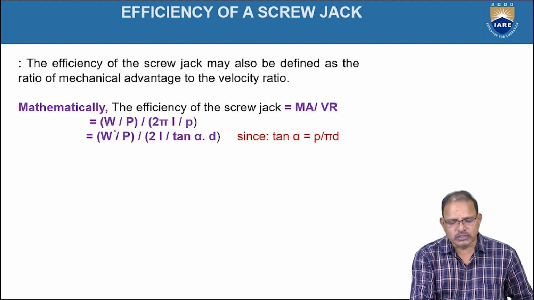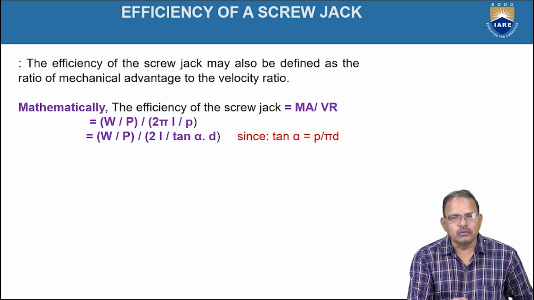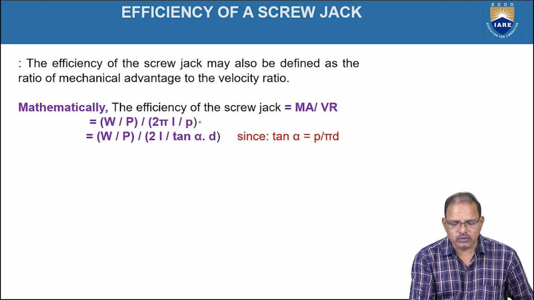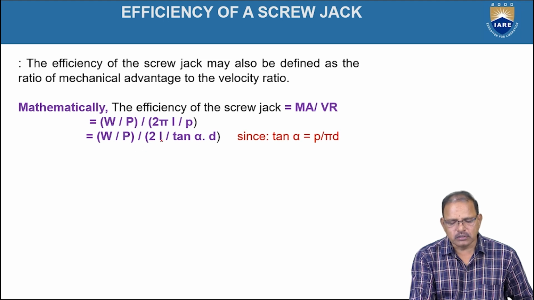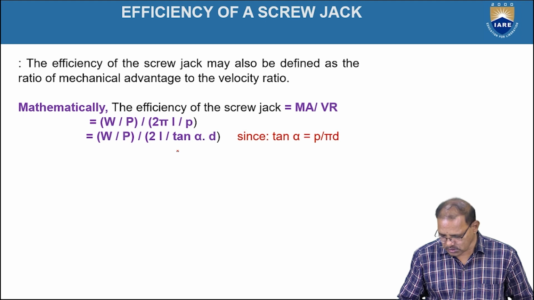Efficiency is equal to W by P, the mechanical advantage, that is the load lifted to the effort applied, divided by the velocity ratio, the distance moved by the effort to the distance moved by the load. On simplification, we get W by P divided by 2L by tan alpha into d.